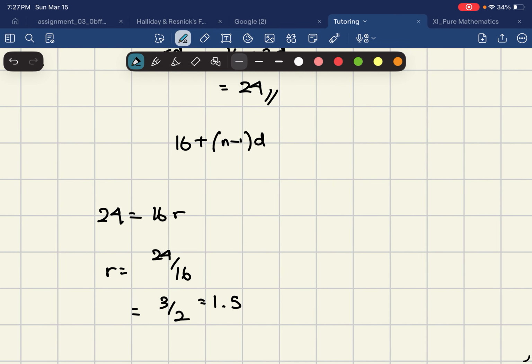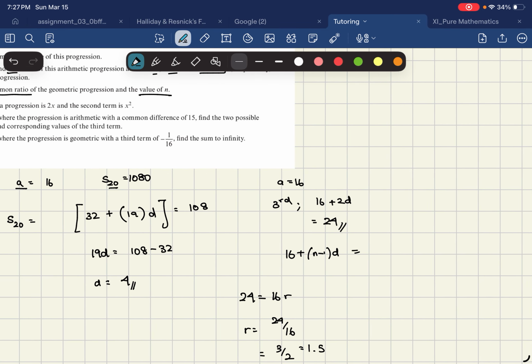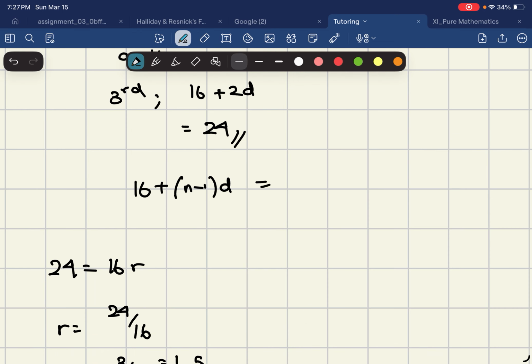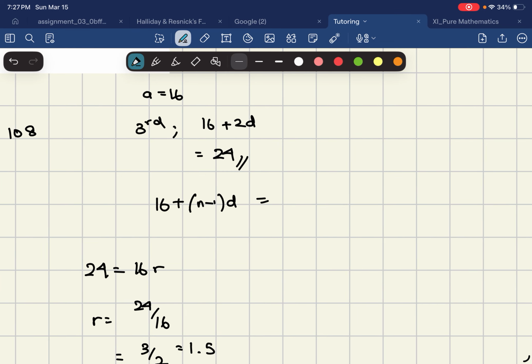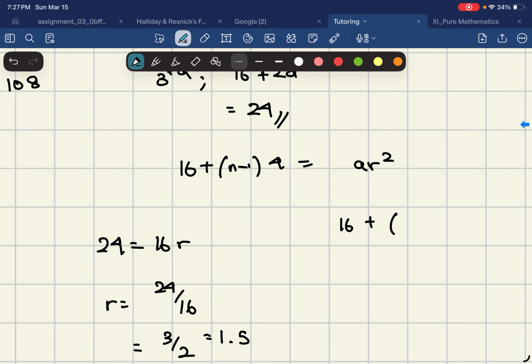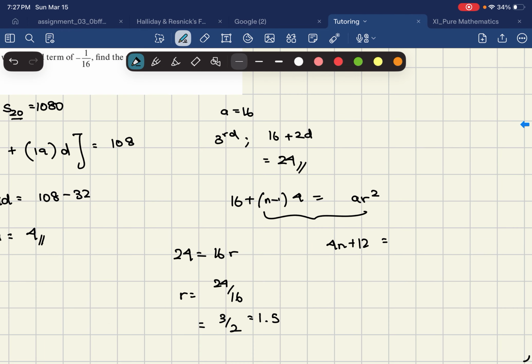So the nth term is equal to the third term of the geometric progression, right? So what is the third term? That would be ar squared. So 16 plus, and we know d. d is just 4, I believe. So we can substitute. When we evaluate the left-hand side, we get 4n plus 12. I believe, yes. And then ar squared.